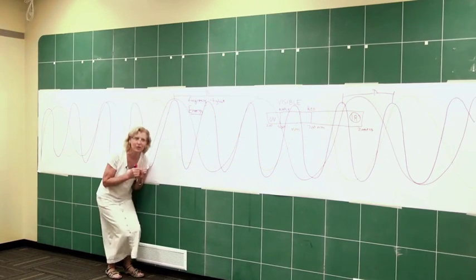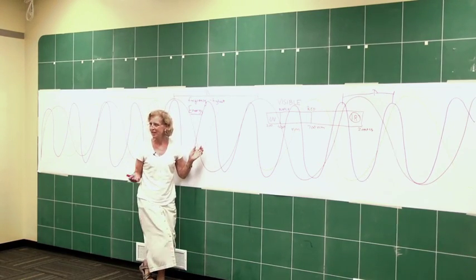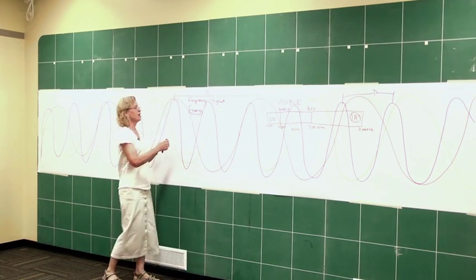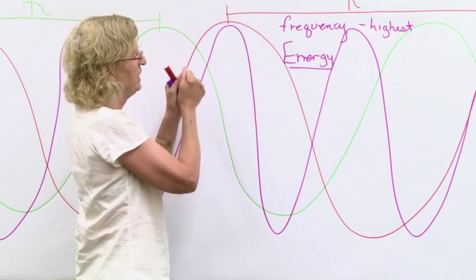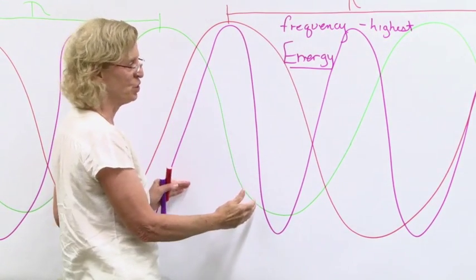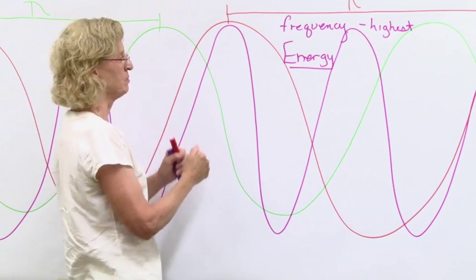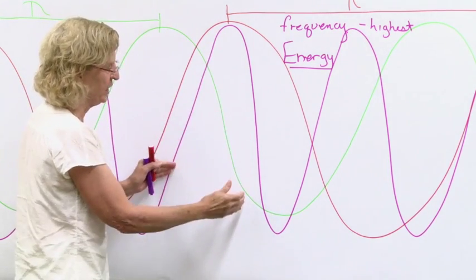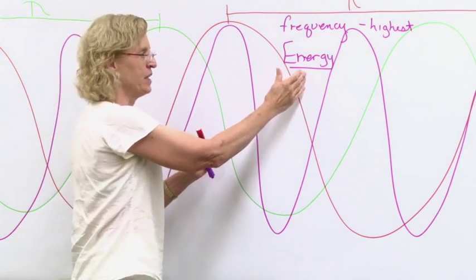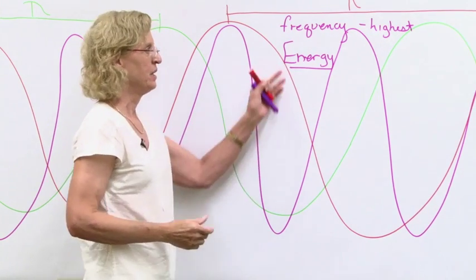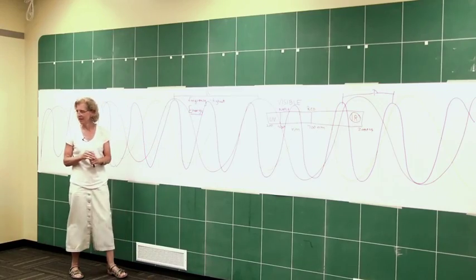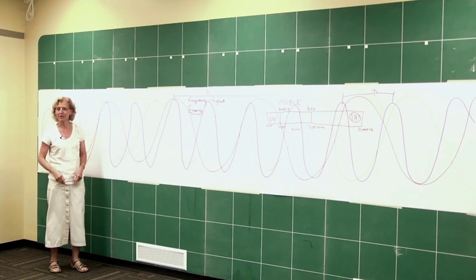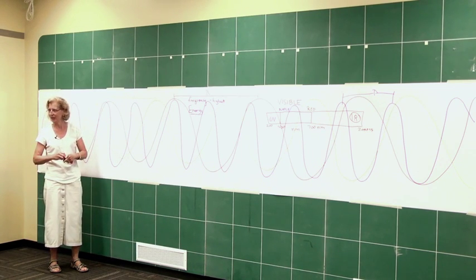The person who had to move up and down the most had the most energy, all right? So that means that the most energy has the shortest wavelength. The shortest wavelength has the highest energy and the highest frequency, right? So the higher the frequency, the higher energy, okay?